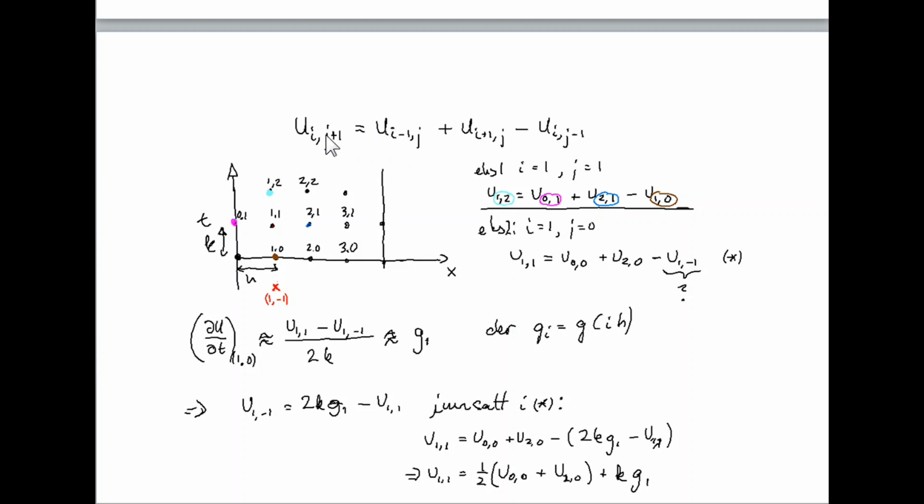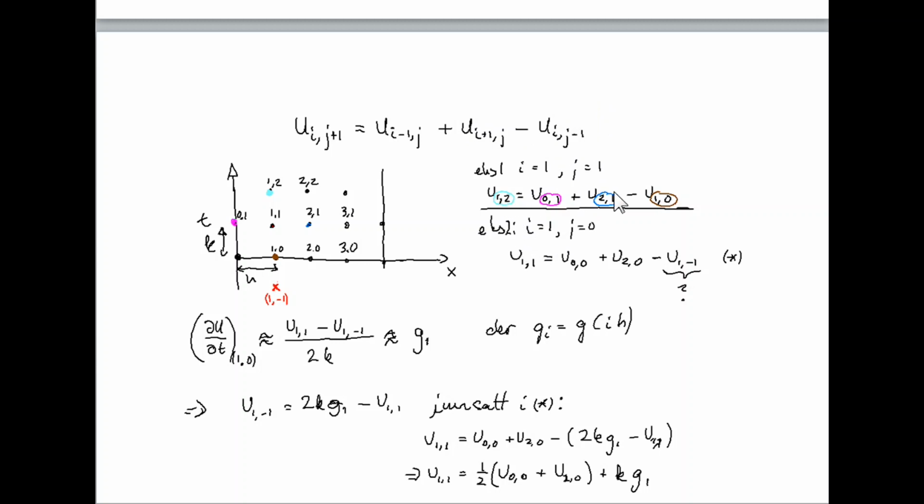So, for example, if we put i equal to 1 and j equal to 1, then we obtain the following discretization equation. Just replace i and j by 1 and 1 respectively into this equation.